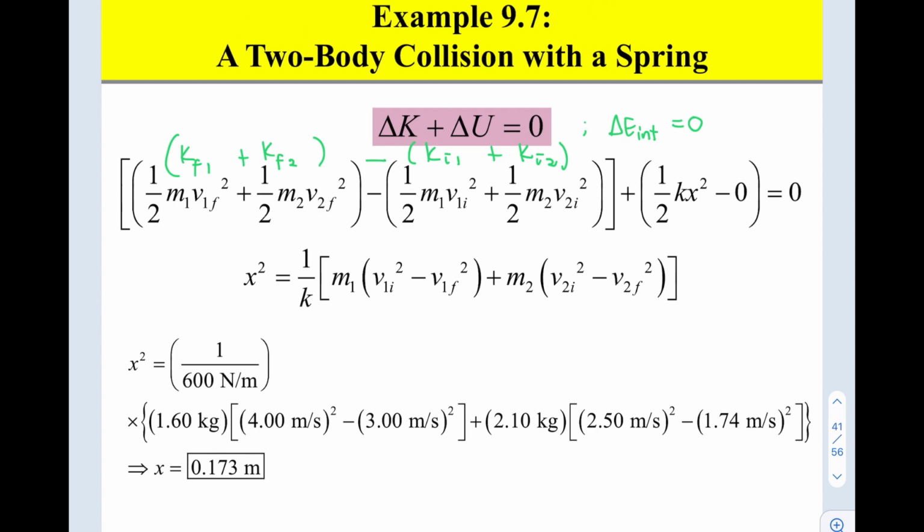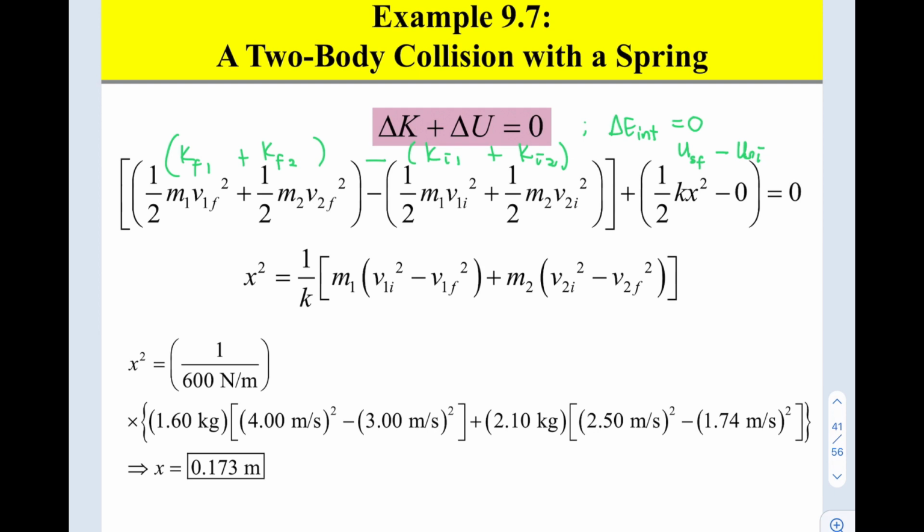And here is your delta U, your U spring final minus U spring initial.